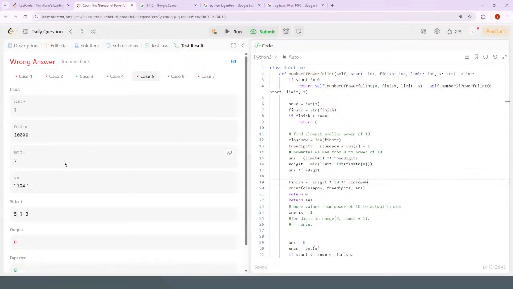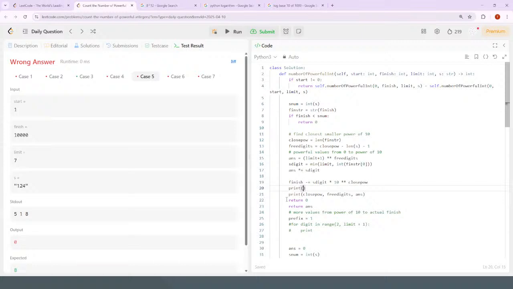Is that correct? So close pow is, alright, let's just print this out here. Print that finish.